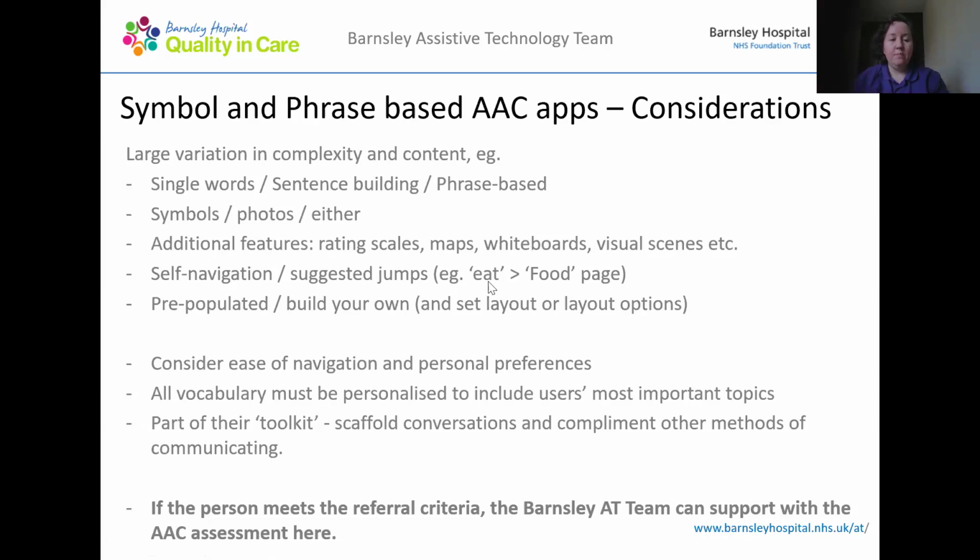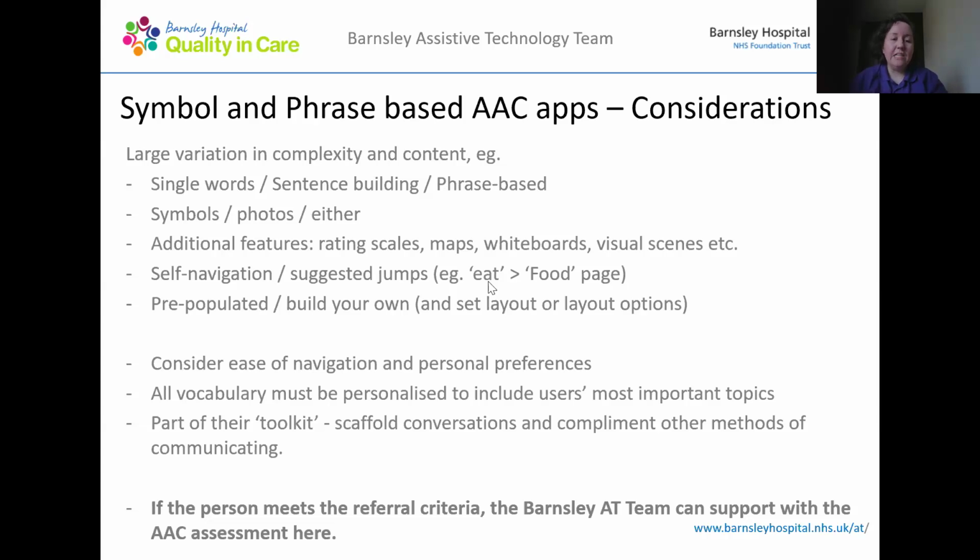Some you build your own, like GoTalk Now is completely a template, you build your own. So consider the preferences of the person and how they navigate, how they manage with finding categories, finding words. It must be personalised and it's part of their toolkit.